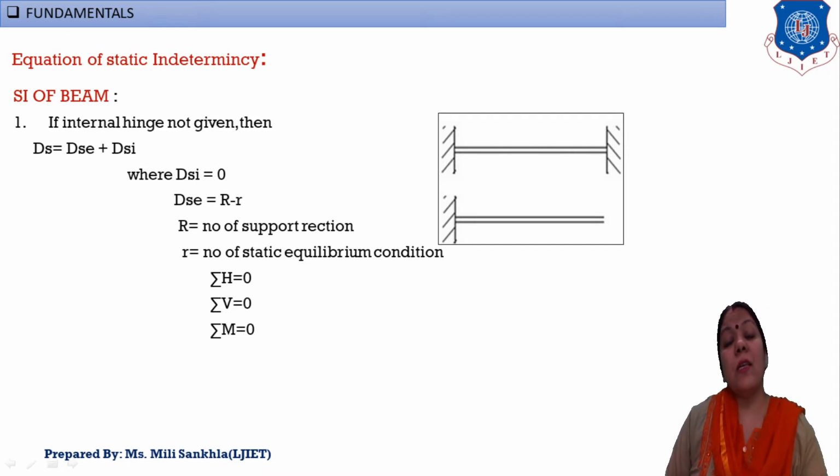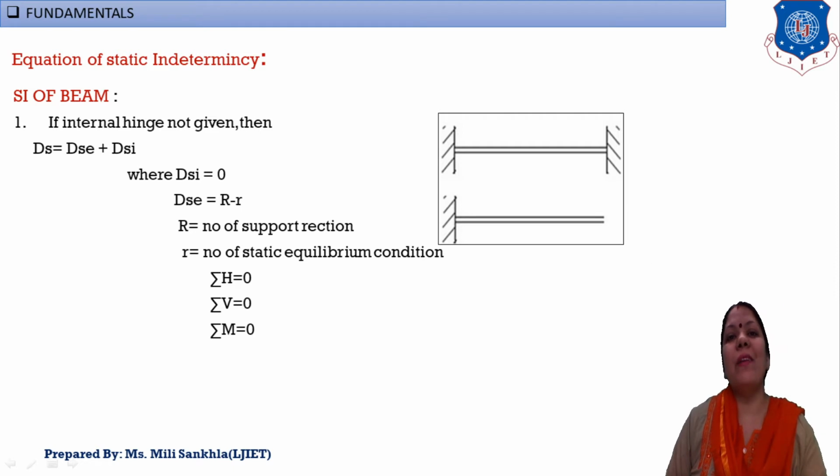Now what is the equation of DS? DS is equal to DSE plus DSI, where DSE is equal to external indeterminacy and DSI is equal to internal indeterminacy. Remember that DSI for beam is always 0. Internal indeterminacy for our beam is always 0.